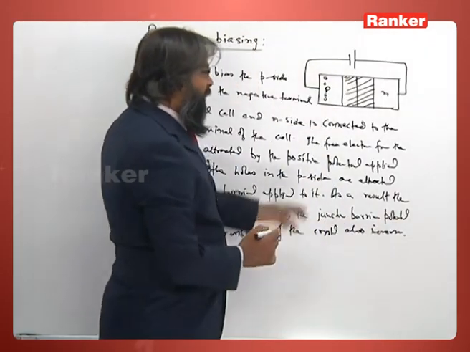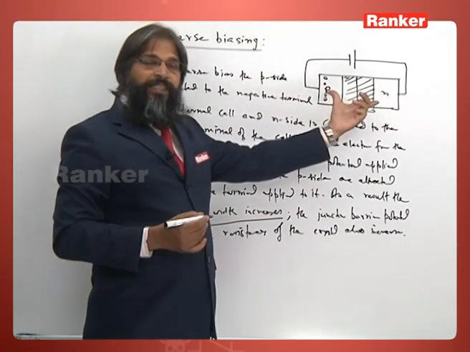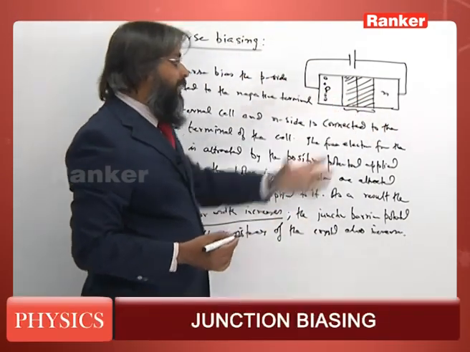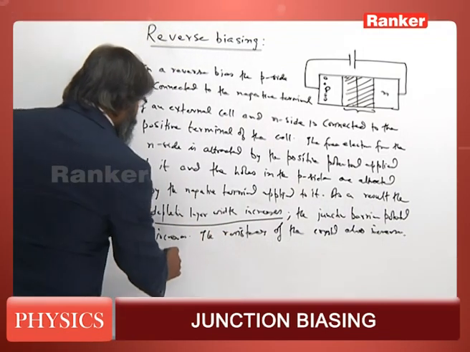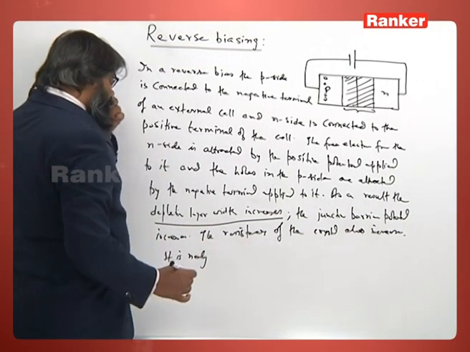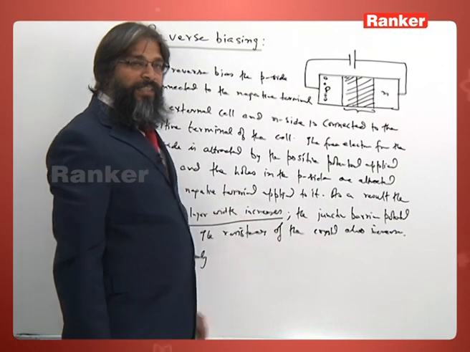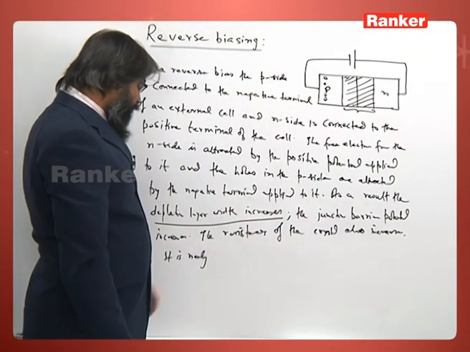You see, the resistance is largely of this region. Since this region width is increased, the resistance increases. It is nearly tens of thousands of times more than the resistance in the forward biasing position.